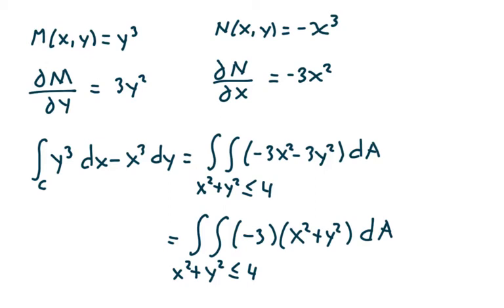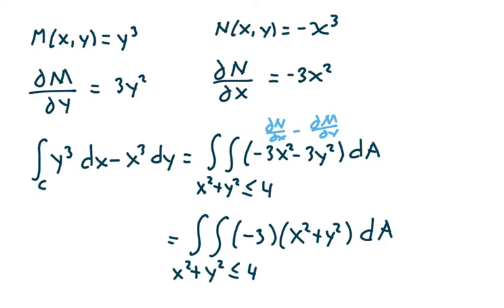And my integrand is the partial of n with respect to x minus the partial of m with respect to y dA. Okay, with respect to area, basically. Now, pull out that negative 3, and this is the double integral over x squared plus y squared less than or equal to 4 of negative 3 times x squared plus y squared dA.